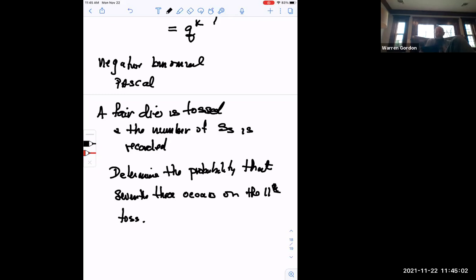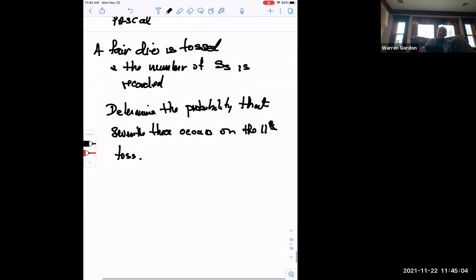Okay, that sounds like a complicated problem. So I'm tossing a die. Determine the probability that the seventh three occurs on the 11th toss.